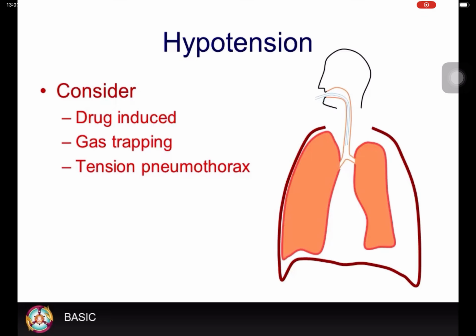If gas trapping is suspected, disconnect the patient from the ventilator. As the trapped gas is released, the hypotension will resolve, usually within 30 to 60 seconds. A tension pneumothorax is rare, but the possibility should be considered as it is easily treated and failure to diagnose it may be fatal. Treatment is by needle thoracostomy.